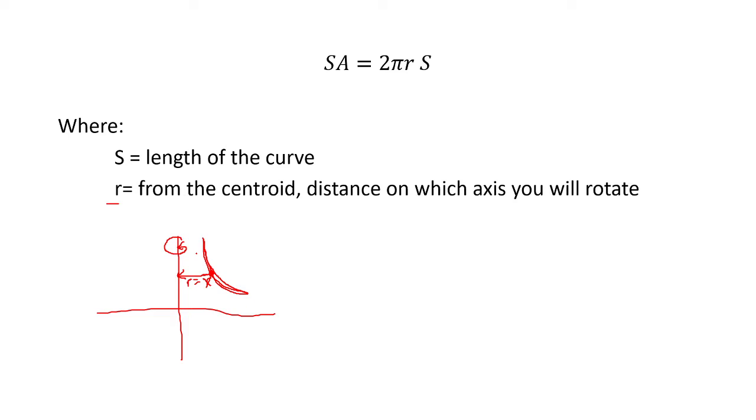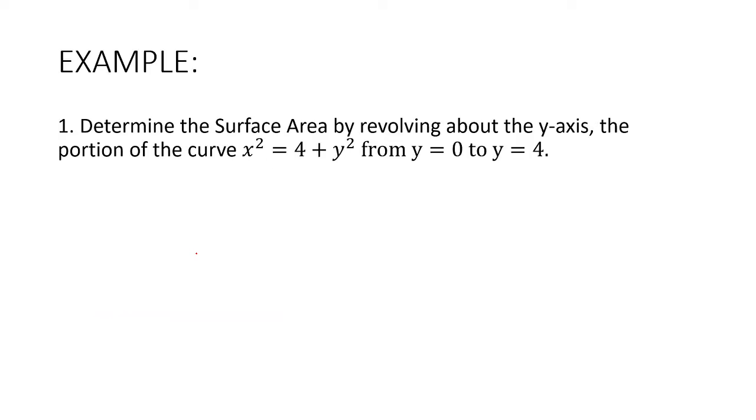So let's have an example. Determine the surface area by revolving about the y-axis the portion of the curve x squared is equal to 4 plus y squared from y is equal to 0 to y is equal to 4. So for this problem, since we have already been acquainted with the conic sections, we can easily determine that this equation is a hyperbola.